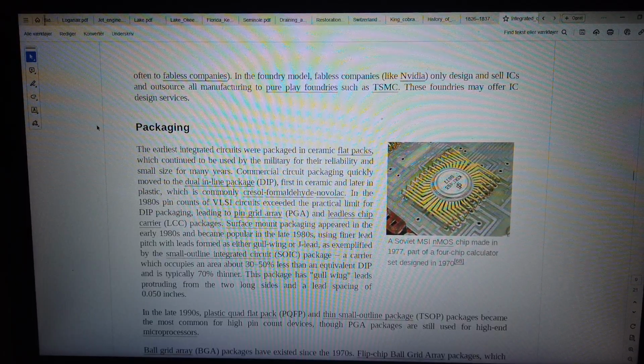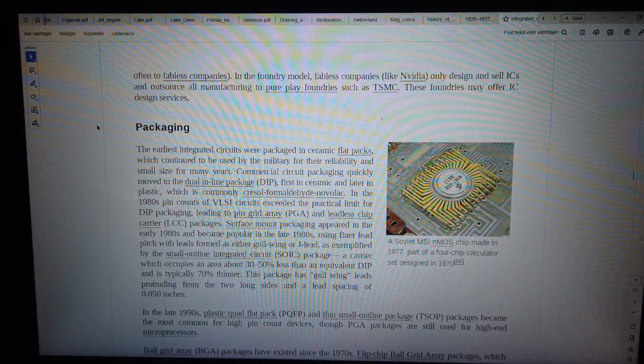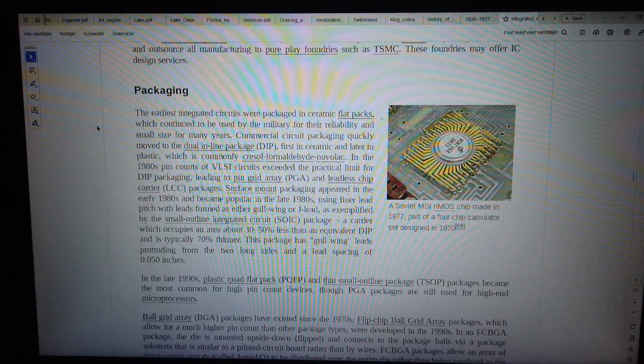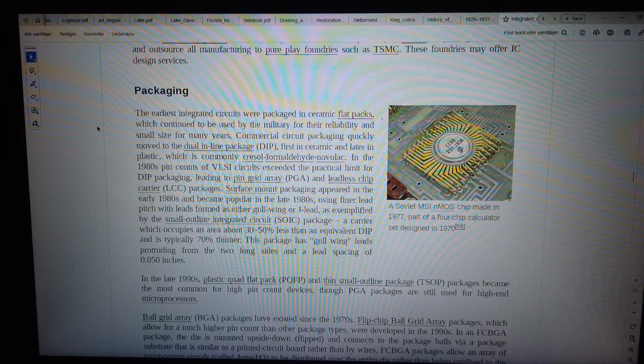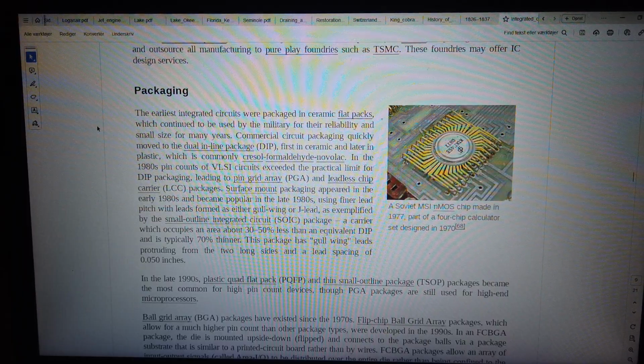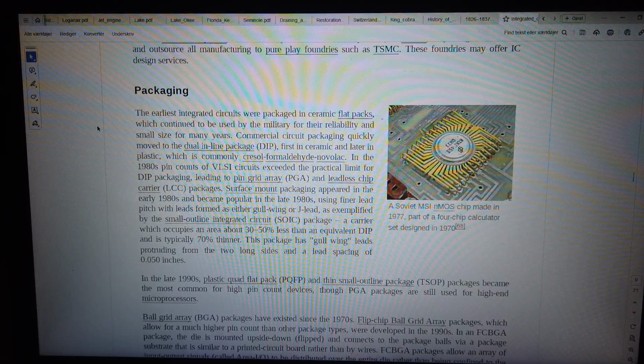Packaging. A Soviet MSI nMOS chip made in 1977, part of a 4-chip calculator set designed in 1970. The earliest integrated circuits were packaged in ceramic flat packs, which continued to be used by the military for their reliability and small size for many years.